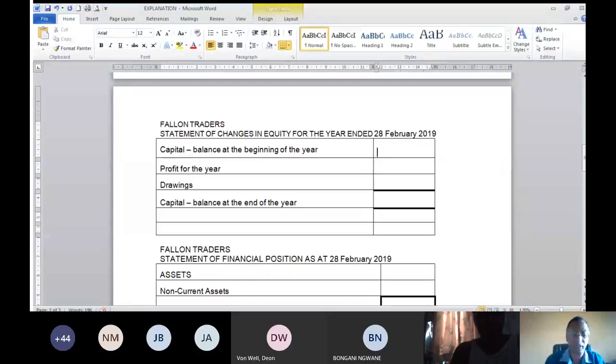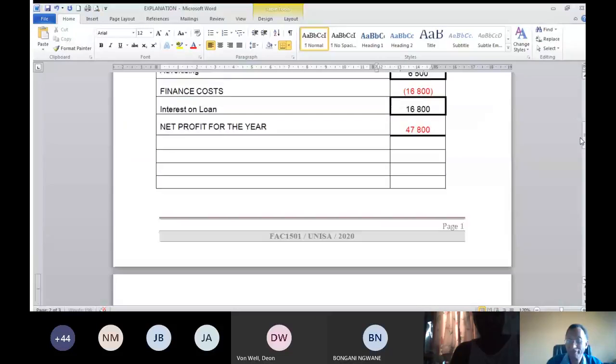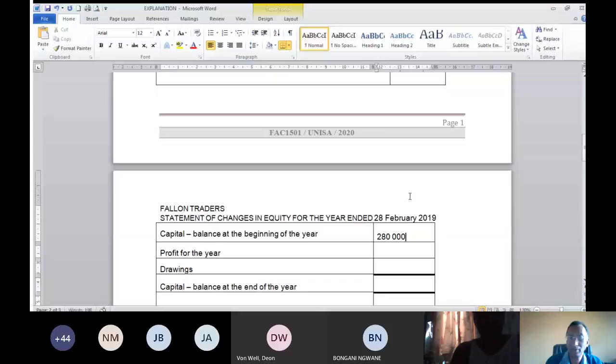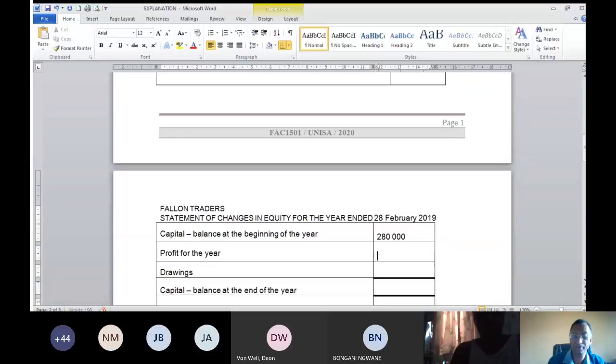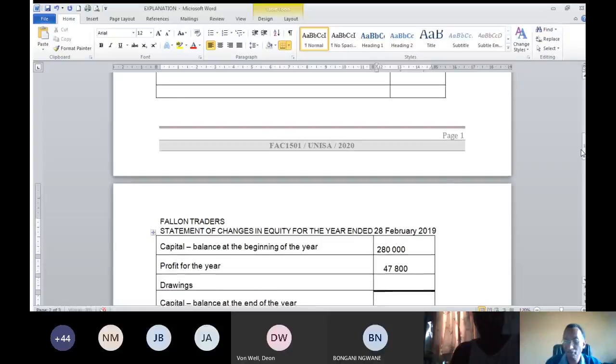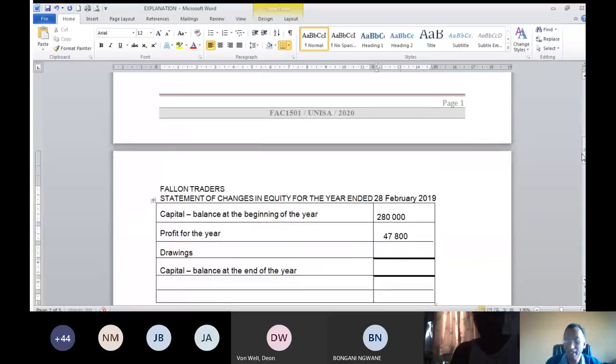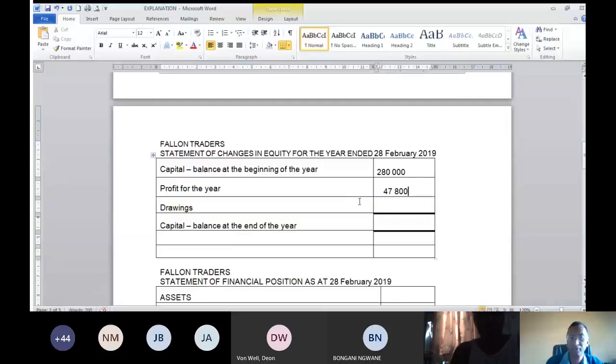So my capital for the year is 280,000. Capital balance at the beginning of the year, 280,000 rand. My profit for the year, we have calculated in your statement of profit and loss and other comprehensive income, 47,800 rand. And the 47,800 rand, guys, that is your profit for the year.